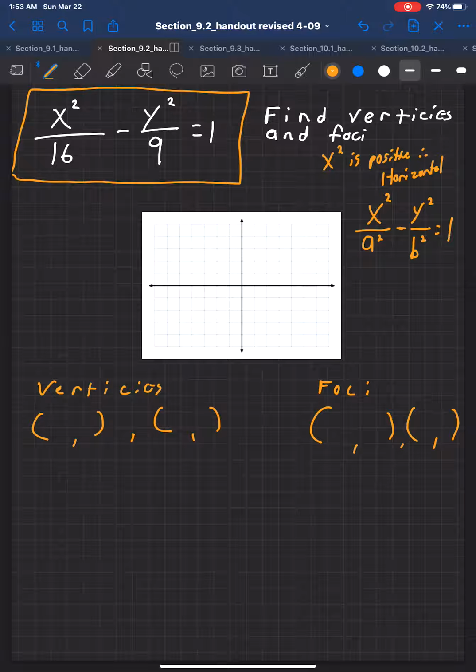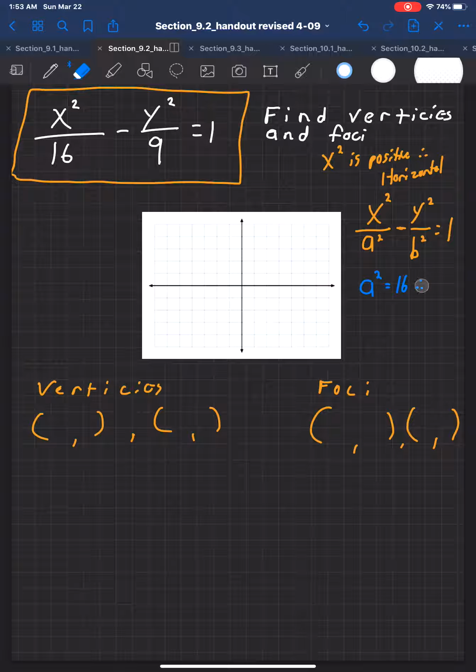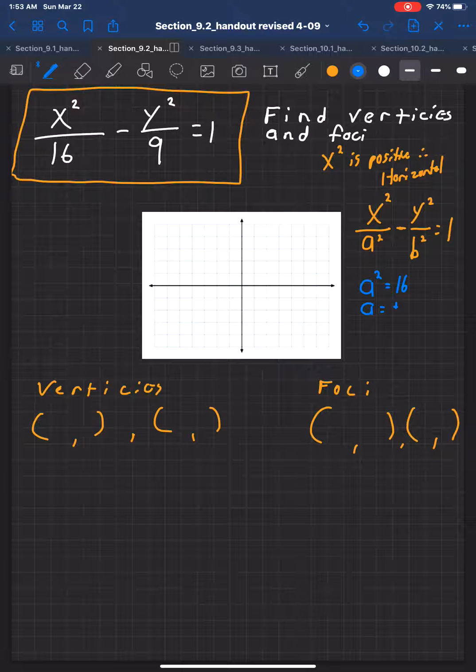Okay, so far so good. Let's now identify that in this case, a squared is equal to 16. That means that A is going to be equal to plus or minus 4. Okay?